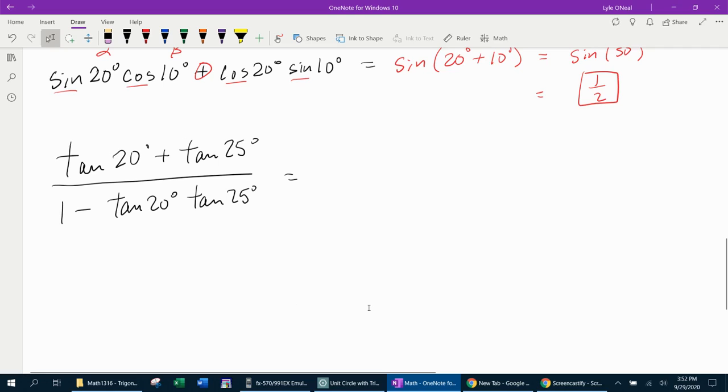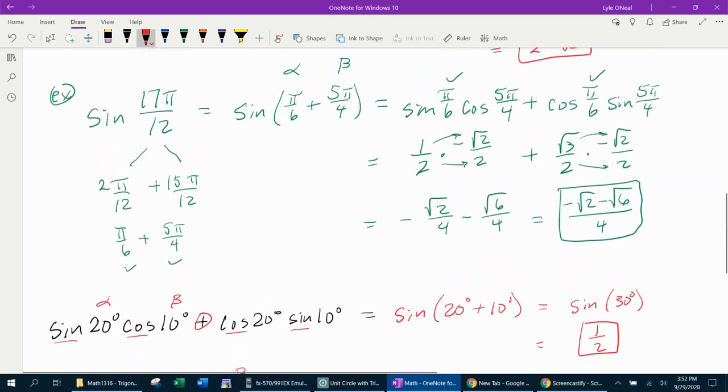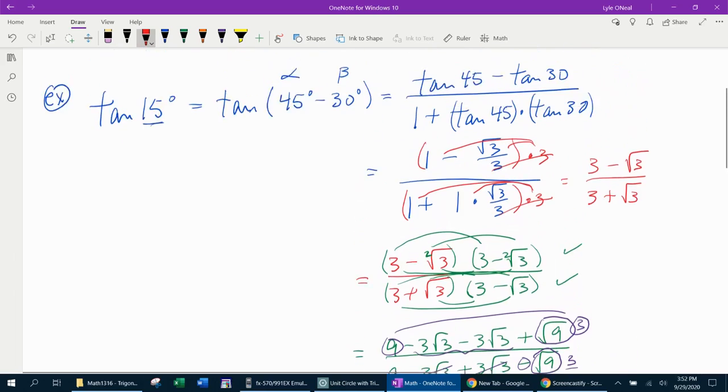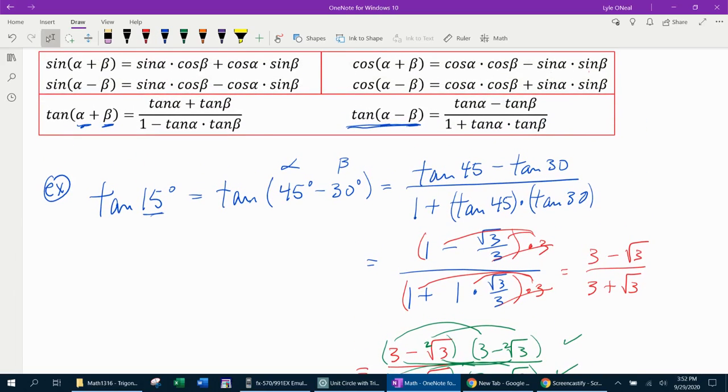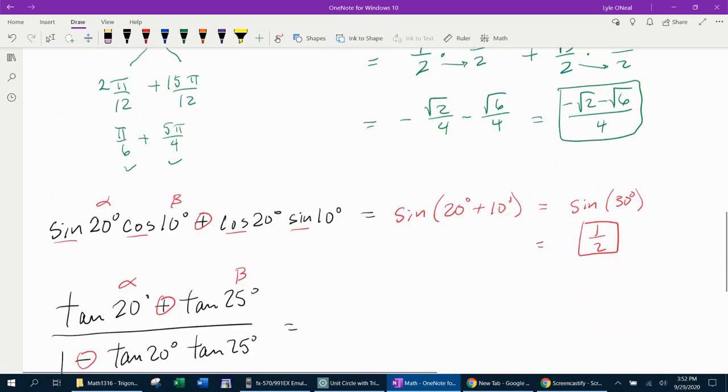And so obviously it's going to be one of the tangent formulas where this is alpha and this is beta, and we have a plus up top and a minus in the bottom. So going back to our tangent identities, we have a plus up top and a minus in the bottom. That means that it's going to be tangent of alpha plus beta. So we're going to be using a sum formula.